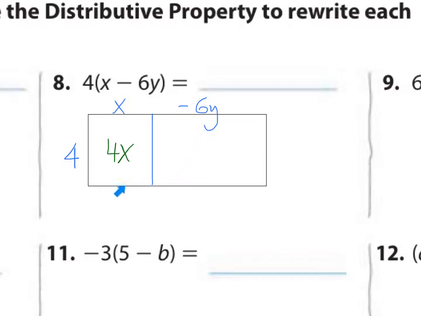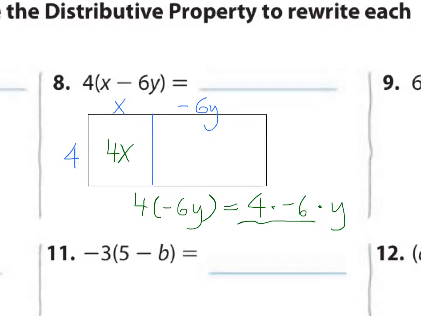I'll write it out. 4 times negative 6y, you can look at it as 4 times negative 6, and then times y. 4 times negative 6 is negative 24. So here you have negative 24 times y, so negative 24y. And then you just combine these two.